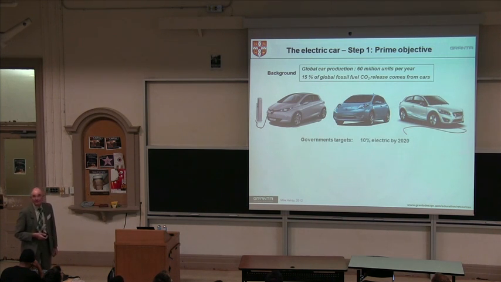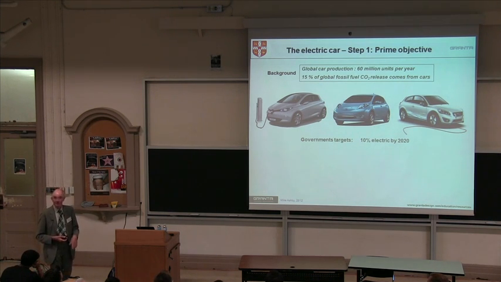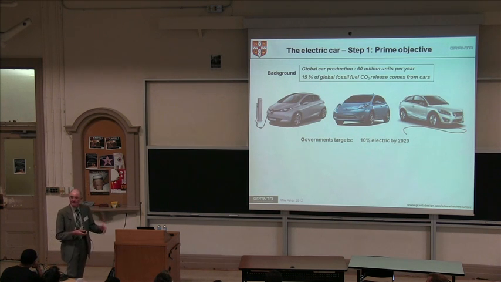And that has led governments to wish to decarbonize road transport, to make road transport less carbon intensive, and they've done it in all kinds of ways, like taxing high-consuming cars and subsidizing things, and among the things they subsidize are fully electric cars.